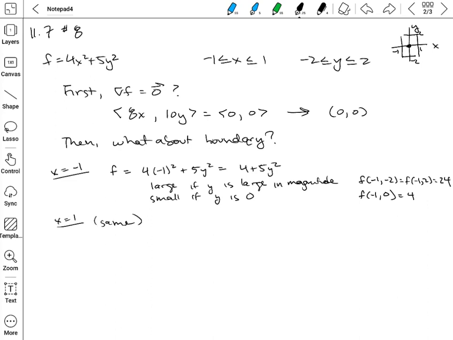And when I plug in x equals 1, I'm going to get the same f as I got when I plugged in x equal -1, since x is squared right here. So if I do f of (1, -2) or (1, 2), I'm going to get 24. You could go ahead and check that for yourself if you wanted to. And if I have x at 1 and I plug in y equals 0, I'm going to get 4.